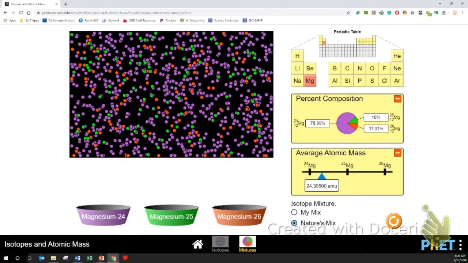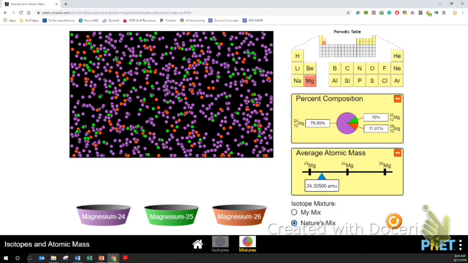And that's because we've got a mixture of magnesium 24, magnesium 25, and magnesium 26. And if you look at the abundance in this little pie chart up here, most of our magnesium is magnesium 24. So it makes sense that this average is closest to 24, because that's what makes up most of our mixture. So that's the number we're going to be calculating.